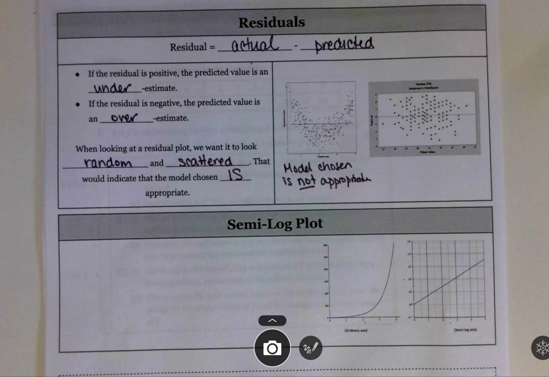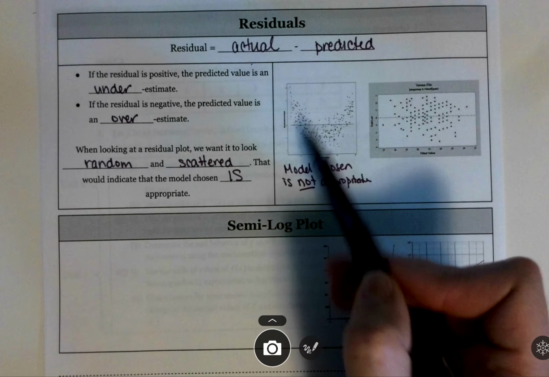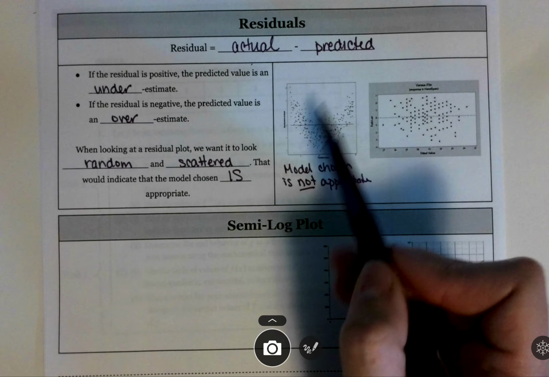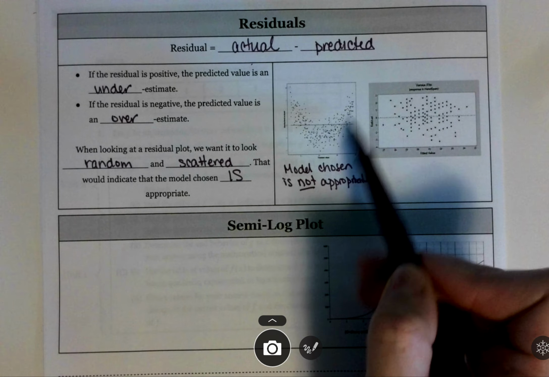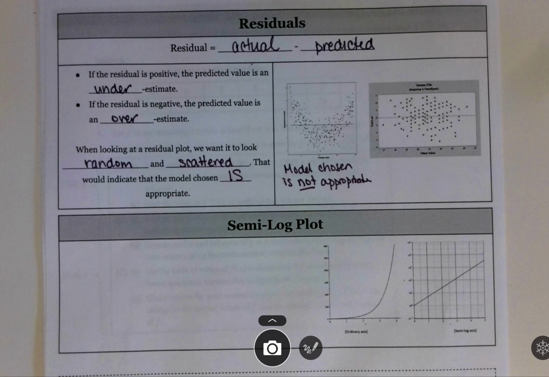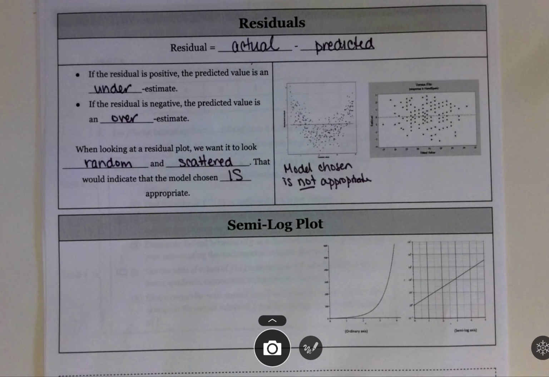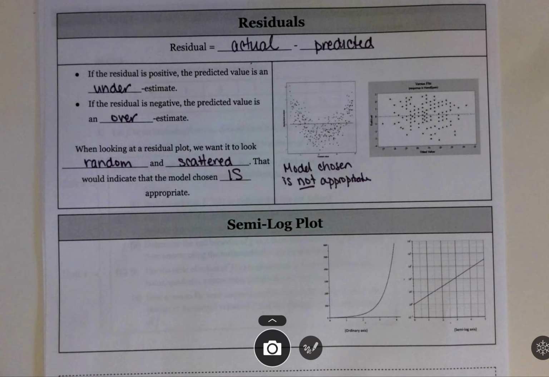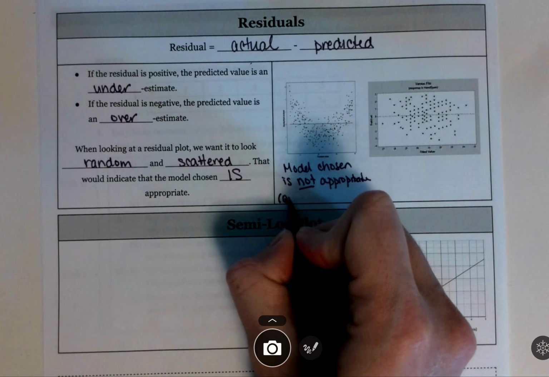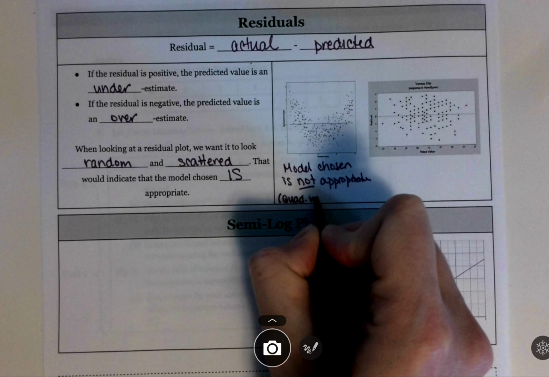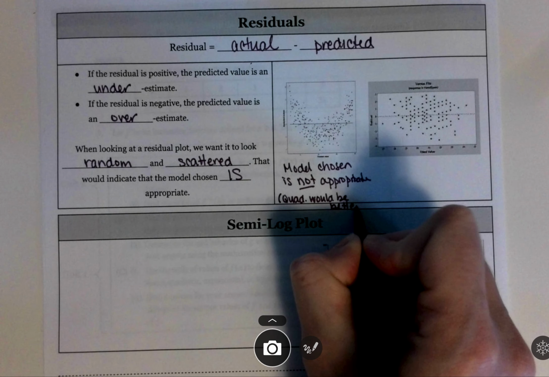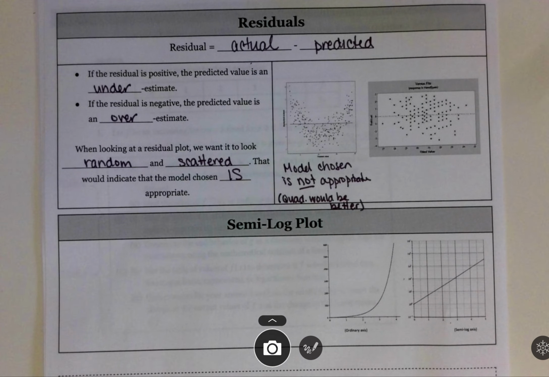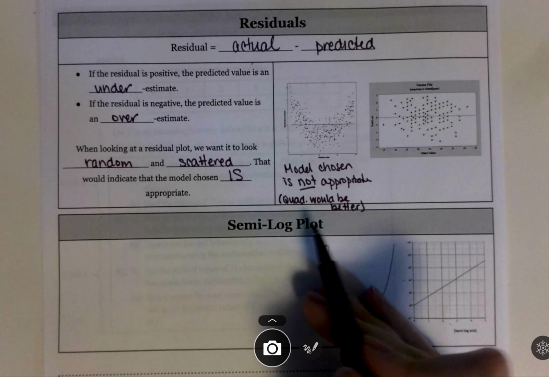What I'm thinking is a linear function was used and the residuals have this parabola shape. Since it looks like a quadratic, that is a sign that a quadratic model would actually be a better fit. So let's put that kind of small down here: a quadratic would be more appropriate than the one that was currently used.